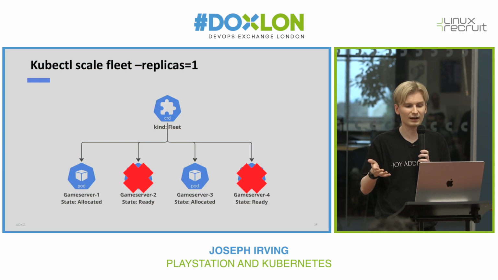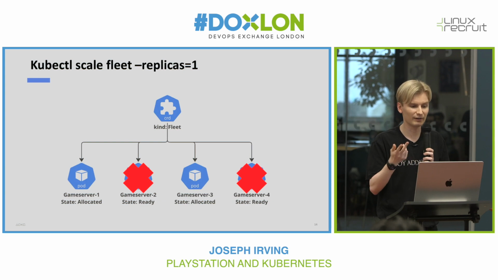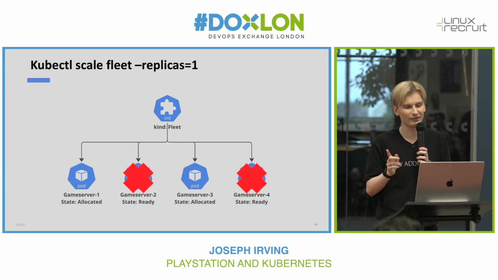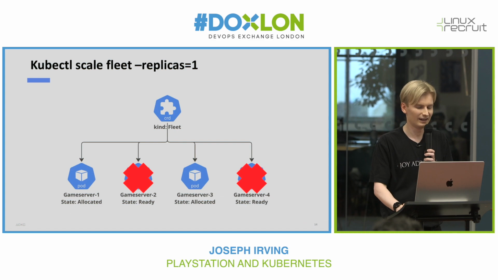Which obviously is different to how a deployment will work, where you just get 1. So currently we have two replicas running, even though we've asked for 1, because it'll never terminate a pod if it's still got players on it. And that's one of the key guarantees we want to ensure, so that we're not disrupting player experiences, right?